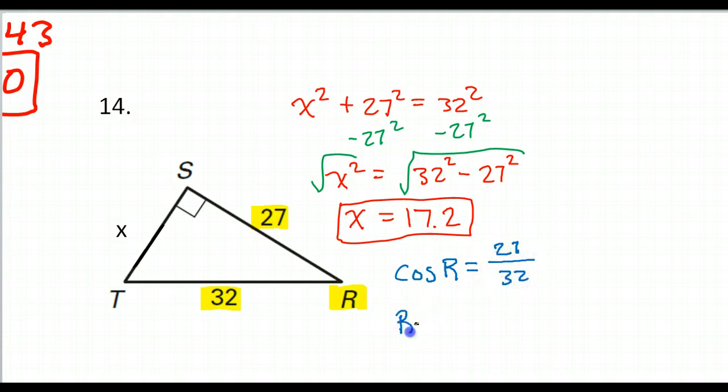That means R is going to equal the inverse cosine of 27 over 32. Calculator. I'm getting 32.5. So R is equal to 32.5 degrees.